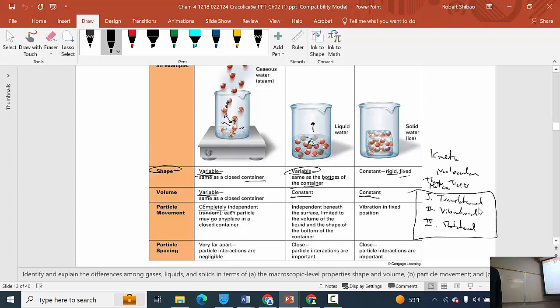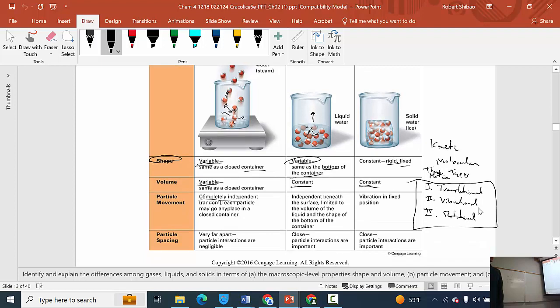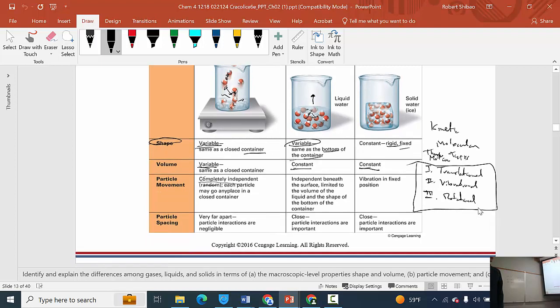And so you can read about these, the particle movement, volume, macroscopic. And we have three types of motion: the translational, vibrational, rotational. We don't really talk about it here, but this is part of kinetic molecular theory because they have different equations that describe this.